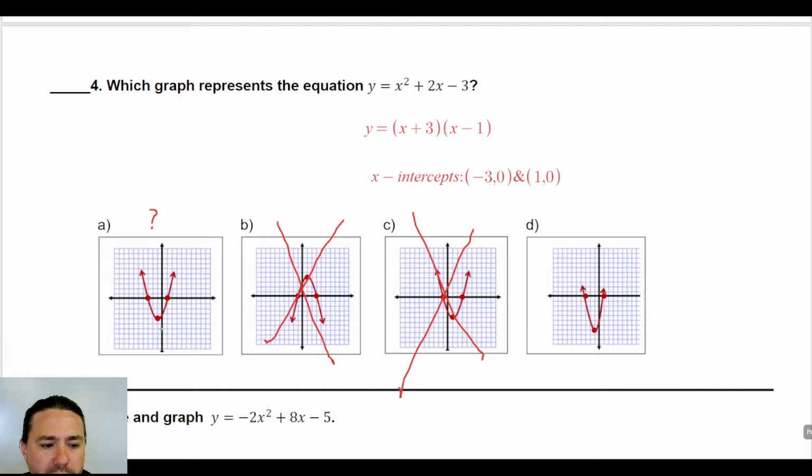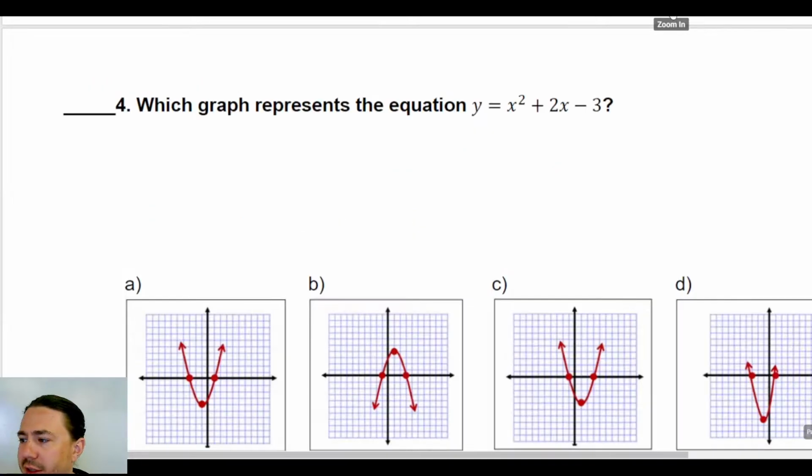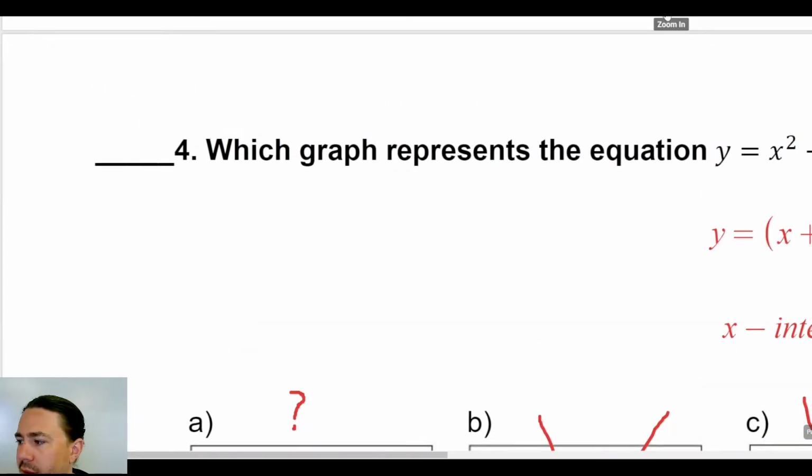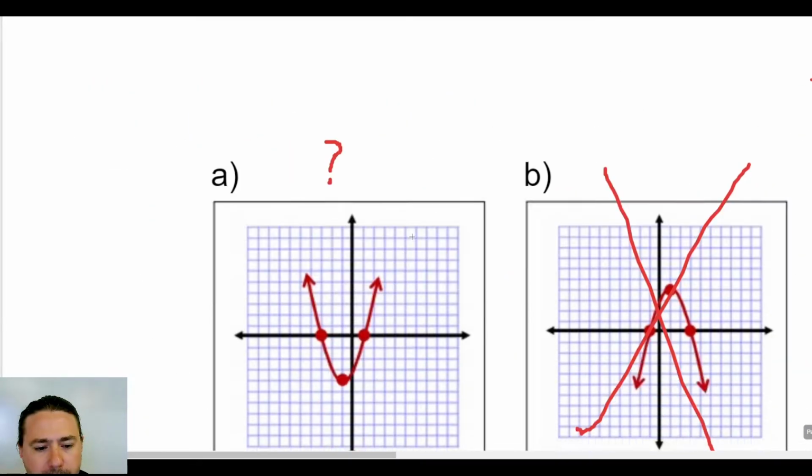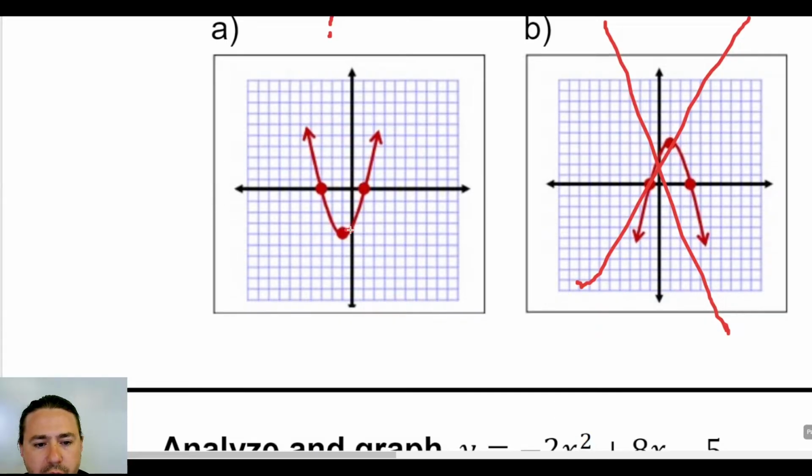And so what we want to do is look at the a value here. So the a value here is just 1. When you don't see a coefficient up here, it's just a 1. And so we want to look for the graph where if you go over 1, you go up 1. It's a little hard to tell here. If I zoom in, maybe we can see it a little easier. We can see like on this one, I do go over 1, up 1.